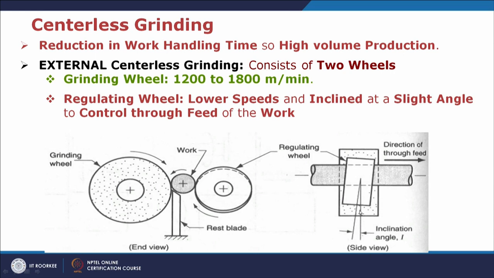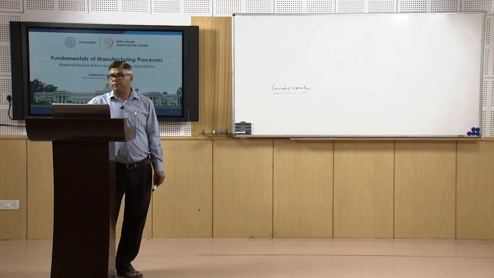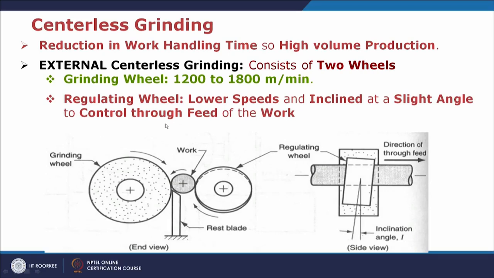Because of this angular movement of the regulating wheel, we can move the workpiece all along the width of the grinding wheel, so that the entire length of the workpiece can be processed. This is external cylindrical grinding, where the external surface of cylinders is processed.